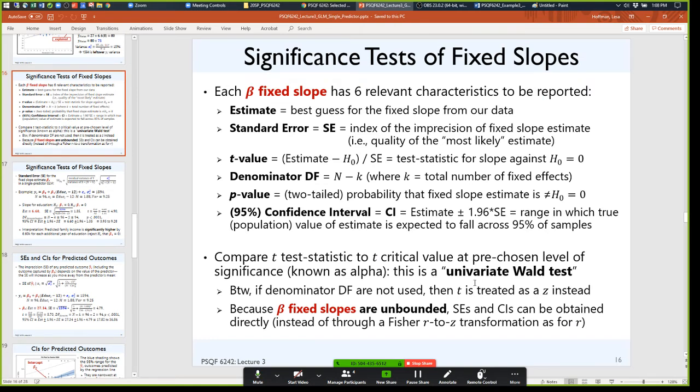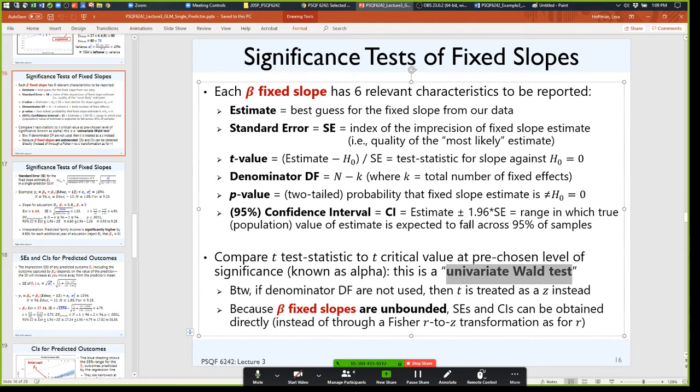All right, so this process of taking a t-value, figuring out the corresponding p-value, and deciding whether or not you're going to reject the null hypothesis, this is known as a univariate Wald test. This is something that will show up in many, many areas of statistics, the same idea of estimate divided by standard error as some sort of test statistic.